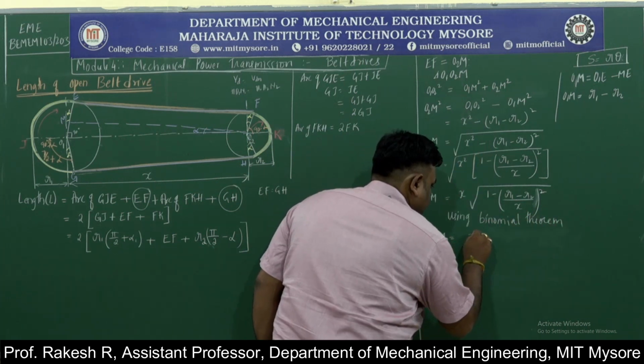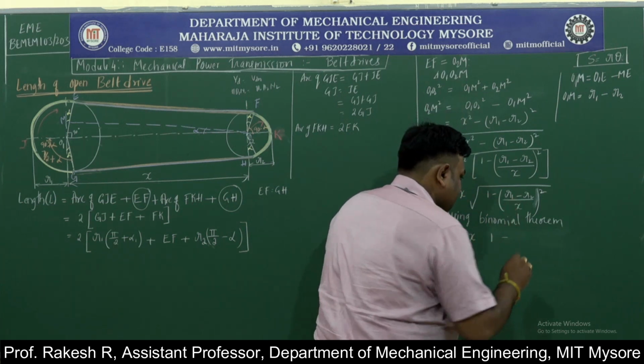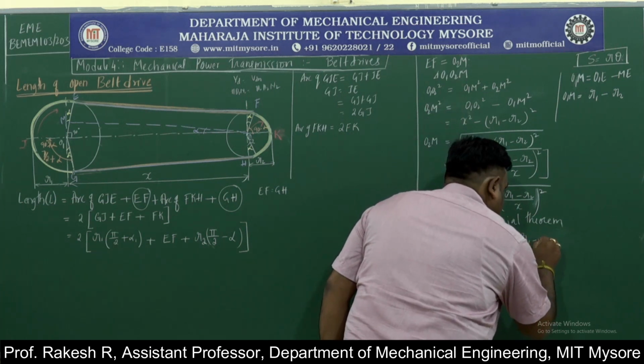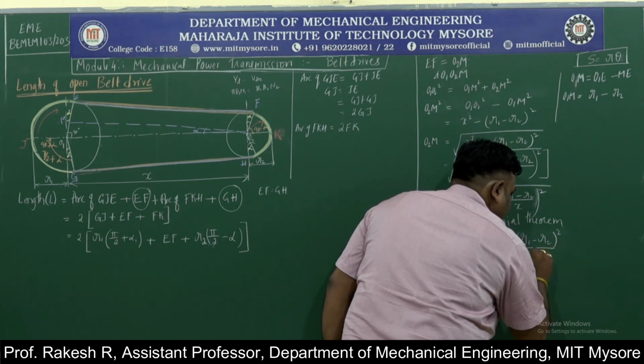O2M will be equal to x into 1 minus, this will reduce, R1 minus R2 whole square divided by x square.